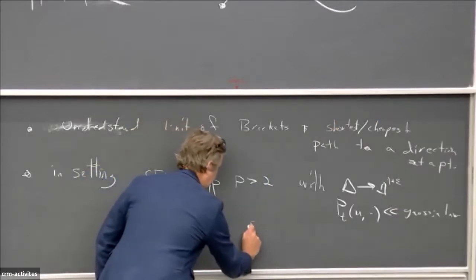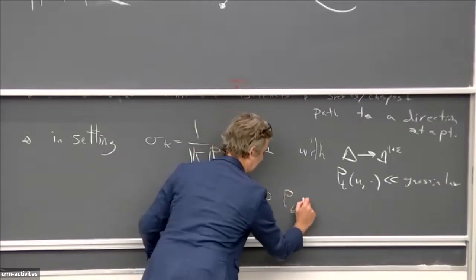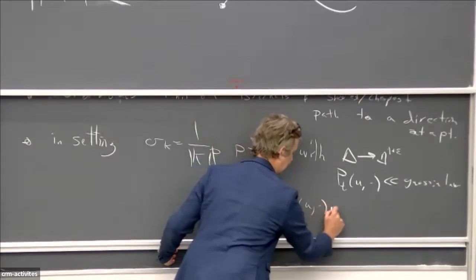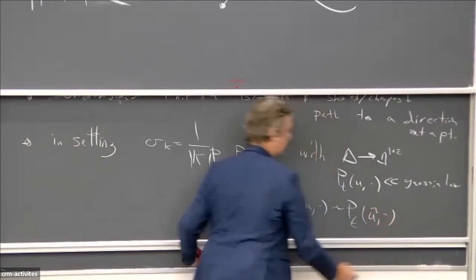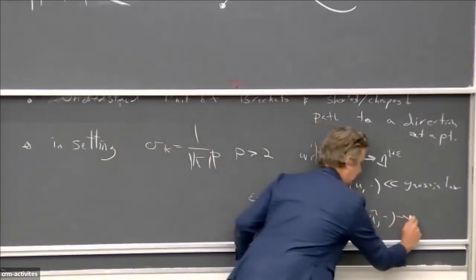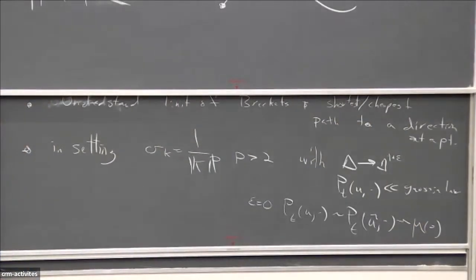When epsilon equals 0, we could still prove that P_t u dot was equivalent to P_t u tilde dot and equivalent to the invariant measure. But can you tell me something about that measure? Can you show that there's some Gaussian something, right?